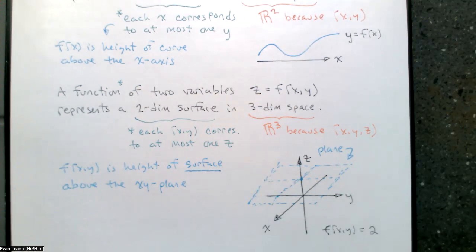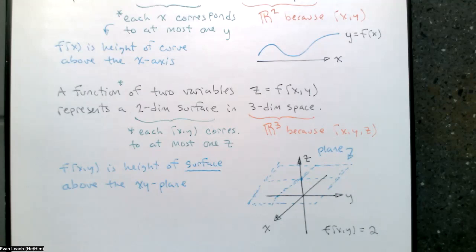Eventually we'll run out of words for these things. We're in a two-dimensional surface. But we can see how things go with functions. If I increase to a function of 3 variables, what space are we going to have to be in to make a function of 3 variables? How many variables are running around?